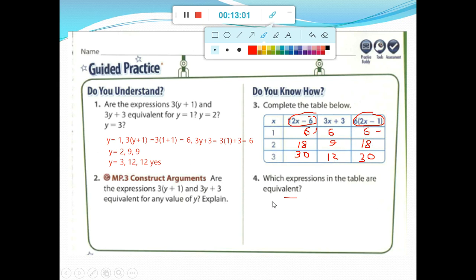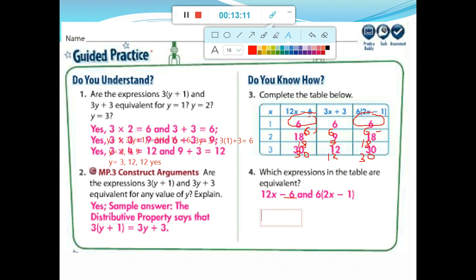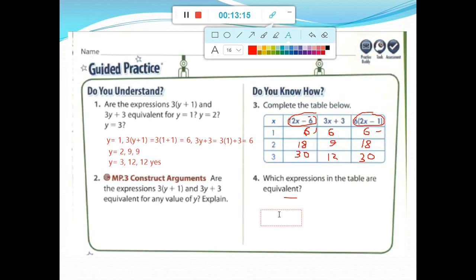Let me take the second expression here, 6(2x - 1).